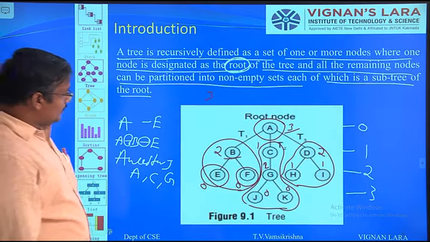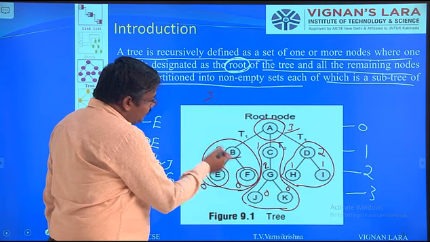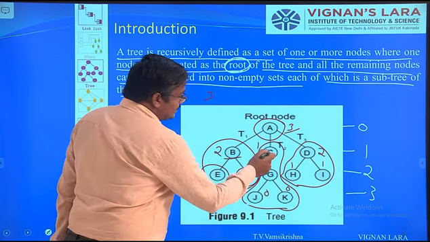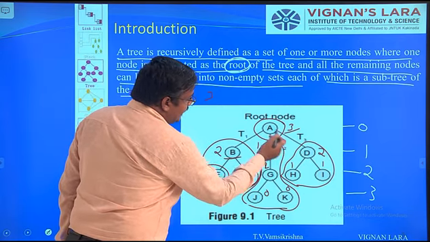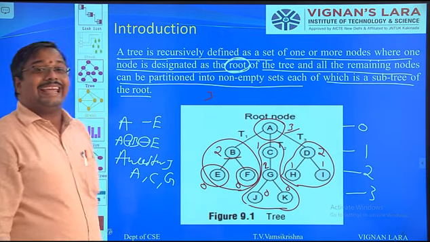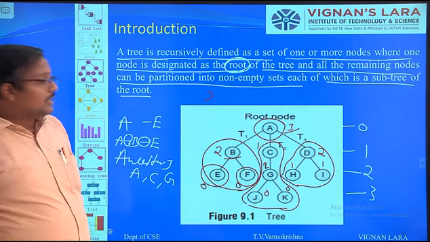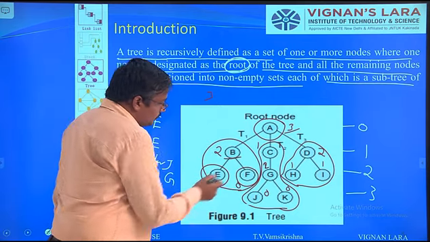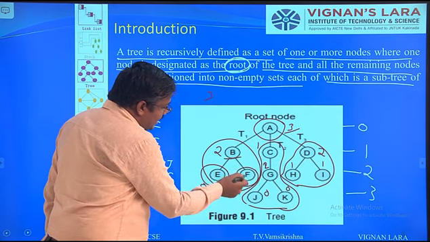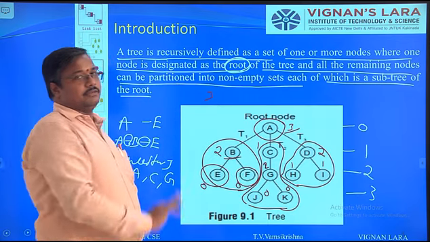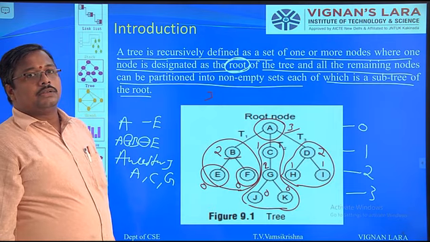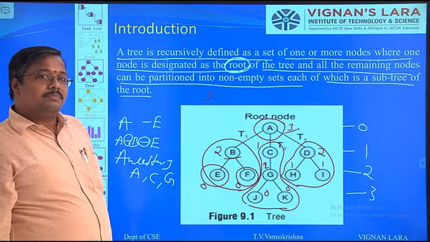In the example, what are the siblings of B? C and D. Why? Because C and D also have the same parent A. What are the siblings of E? Only F. Why? Because E and F have the parent B. That is the concept of siblings.